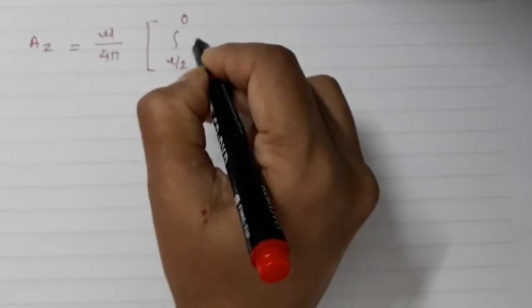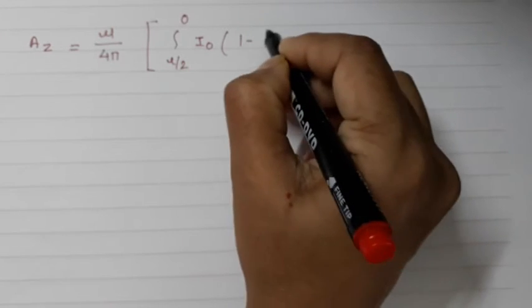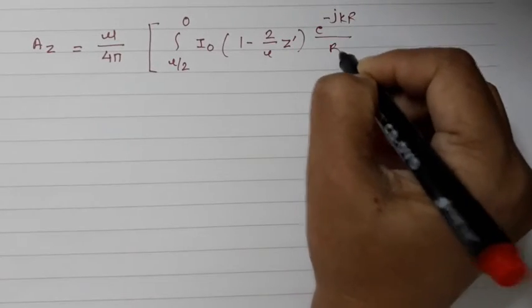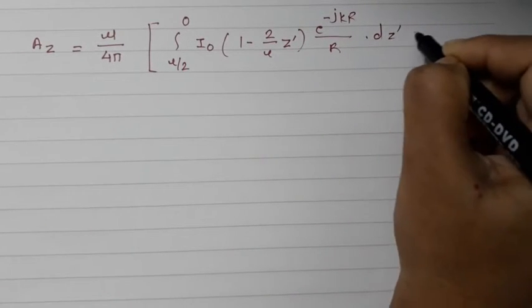I have a different current, that is I0 (1 minus 2 by L z dash) e raised to minus jkr by r, z dash plus.